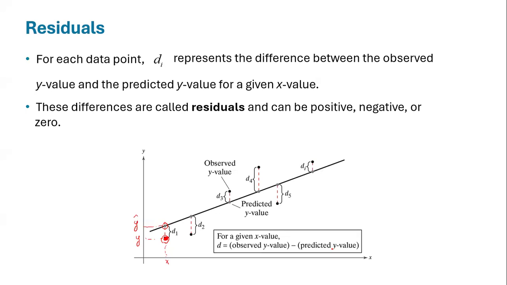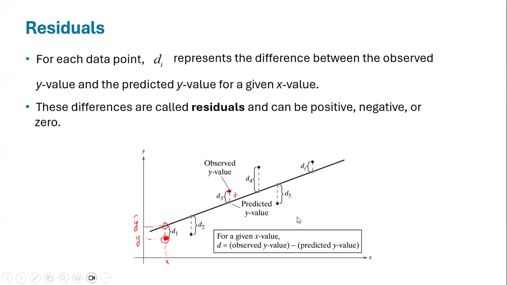These residuals, which we show by d sub i, d1, d2, d3, based on which point on the scatter plot we are looking at, can be positive and can be negative. They are negative if the observed point is under the line and has a smaller y value, and positive if the point is above the line, which means we have a greater observed y value than the predicted one.